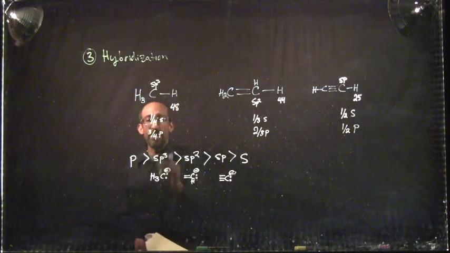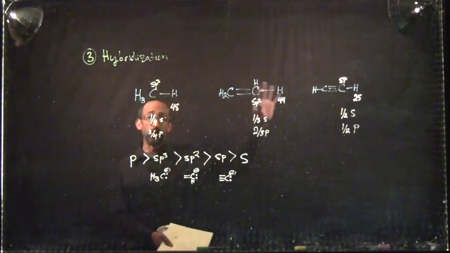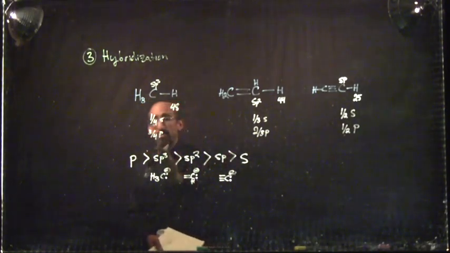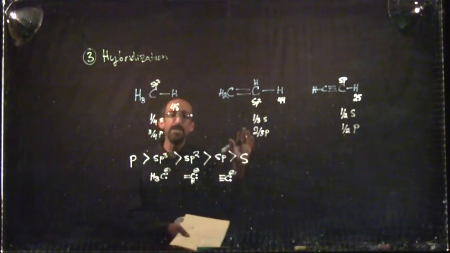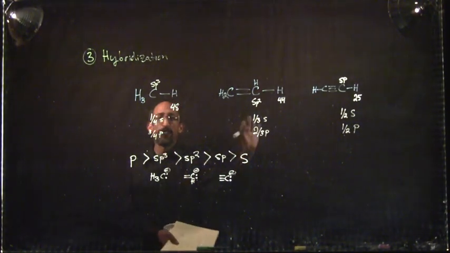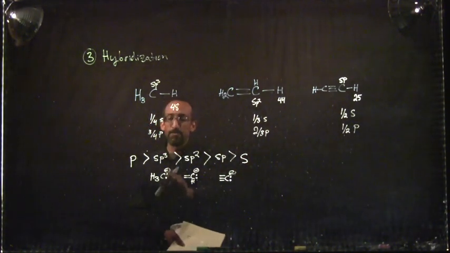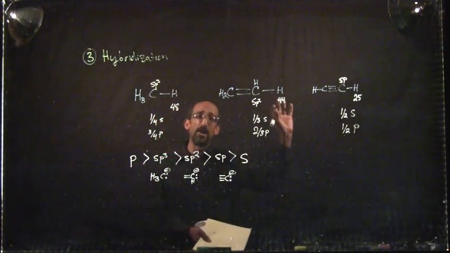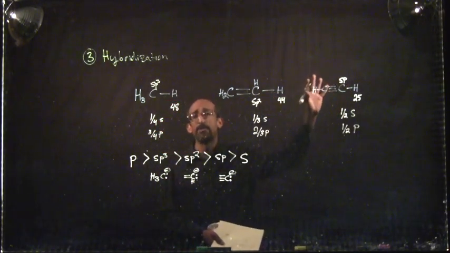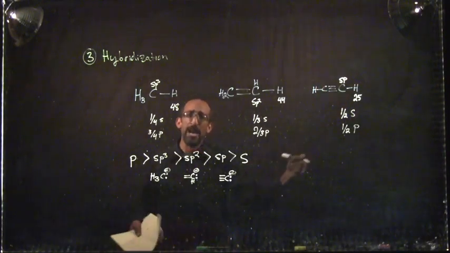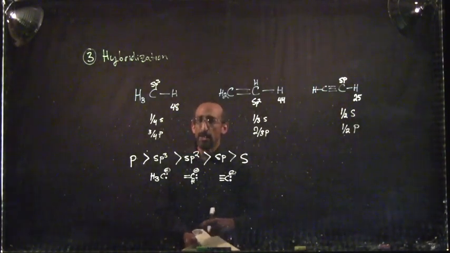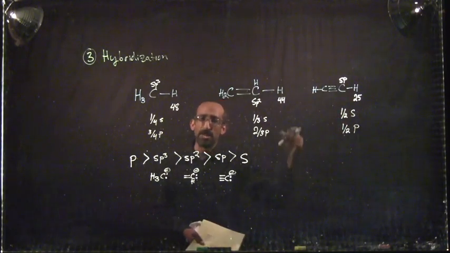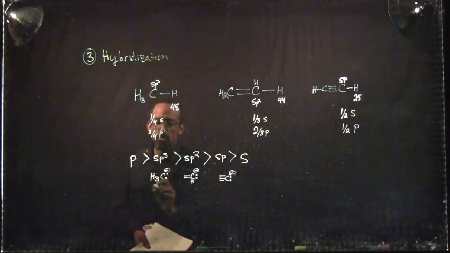Now, since our sp3 orbital is very large in comparison to an sp orbital, that means that the electrons are further away from this basic carbon, which means that they are more easily able to reach out and grab a proton and form a new carbon-hydrogen bond. That ease of ability to grab that hydrogen and make that bond makes this a stronger base.